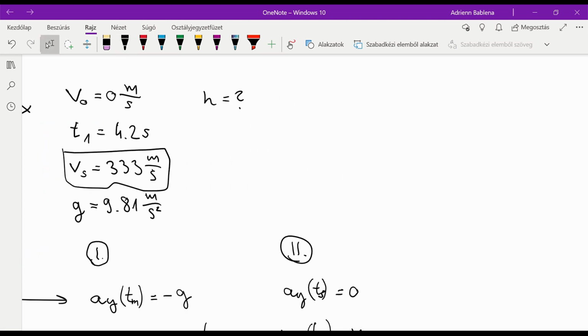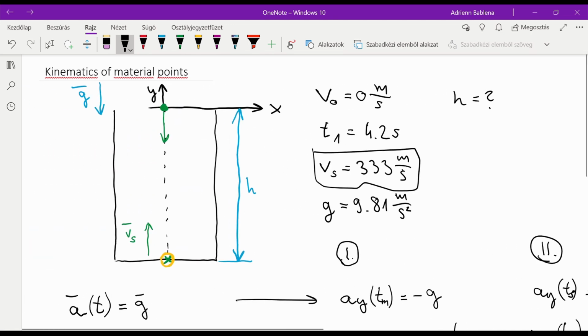The speed of sound is constant. No gravity, so we are in the air. In the whole exercise we are in the air, no water, no other material changes, just one material, air. And in the air, the speed of sound is constant.